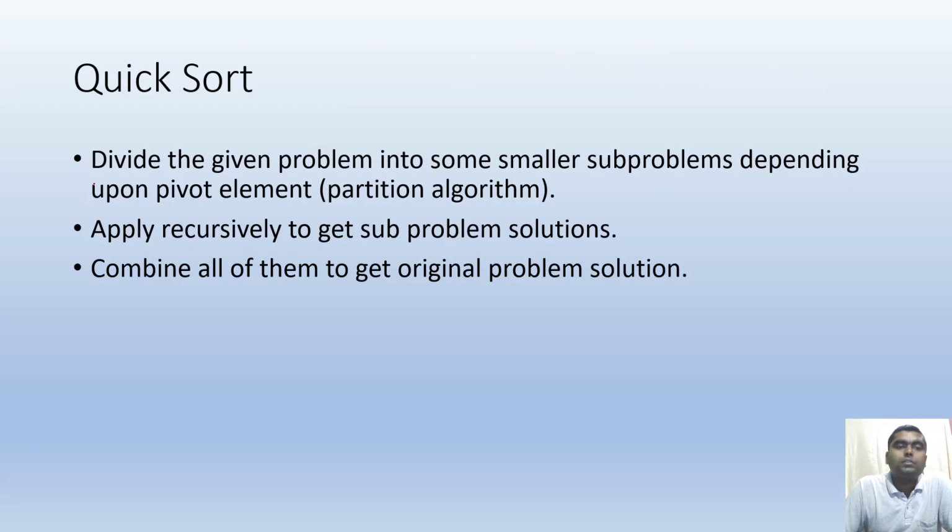So quicksort: there are basically three steps because it is an application of the divide and conquer strategy. The first is to divide the given problem into smaller subproblems depending upon the pivot element. So what is the pivot element?